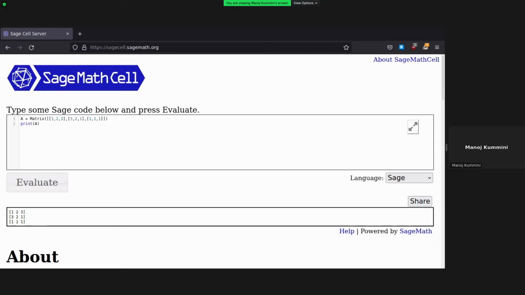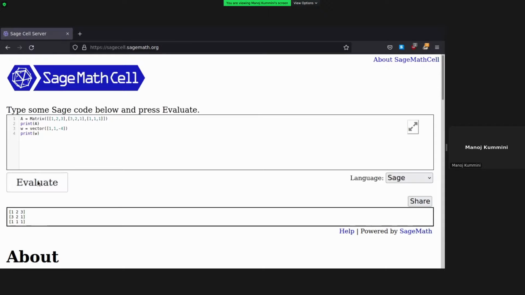Now we can define a vector like this. This is something that confused me also: to define a matrix it's a capital M, but for a vector it is a little v.